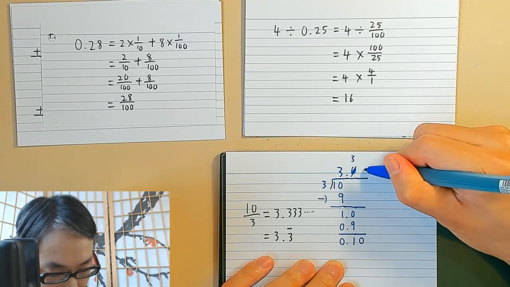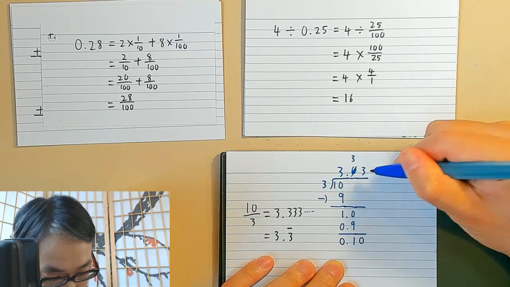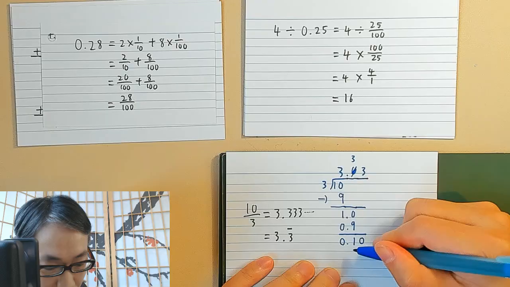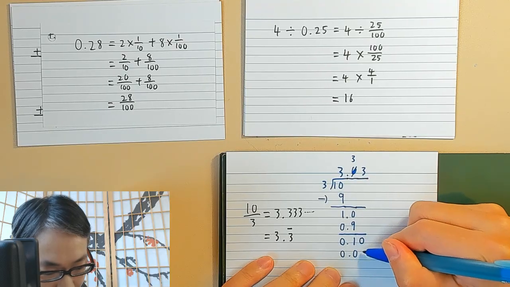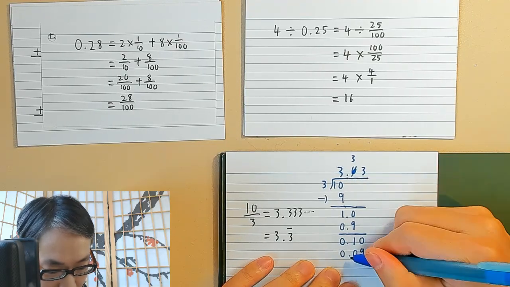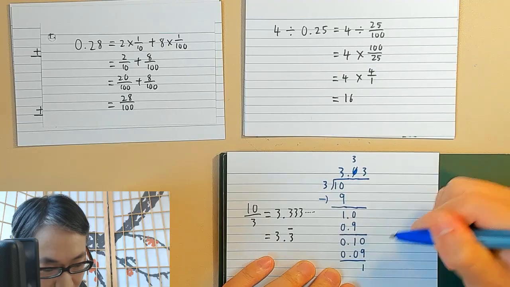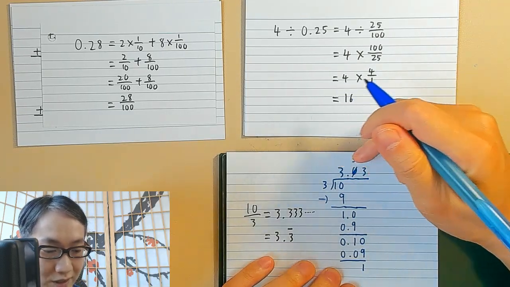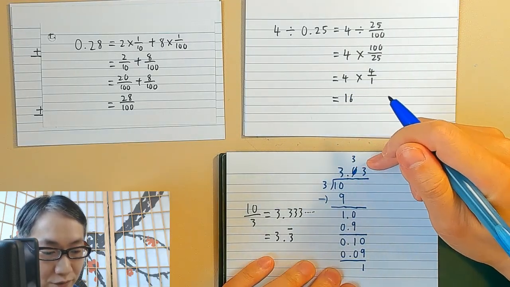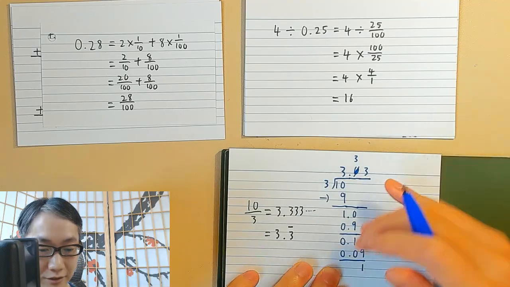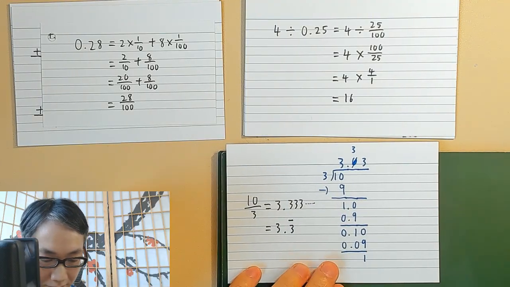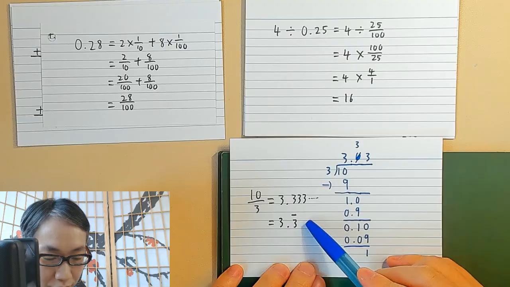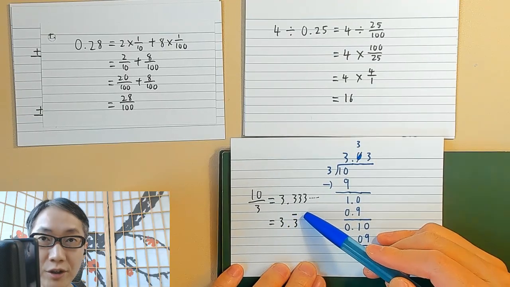Then 3 times 0.03 will be 0.09. And then we have the same situation again. So we can see from this pattern that we are getting 3.3 like here, and we have 3.3 recurring.